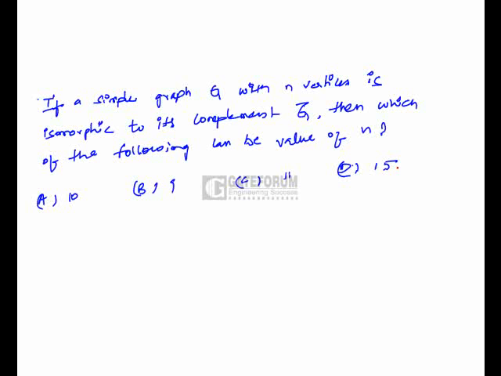A simple graph G with n vertices is isomorphic to its complement G dash, then which of the following can be the value of n? Here the given graph is self-complementary. That means if a graph is isomorphic to its complement, then that particular graph is said to be self-complementary, and the number of vertices in a self-complementary graph is either 4n or 4n plus 1.